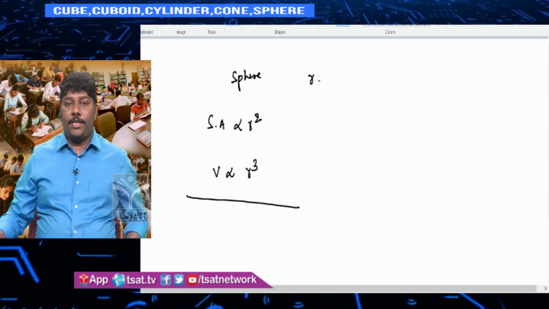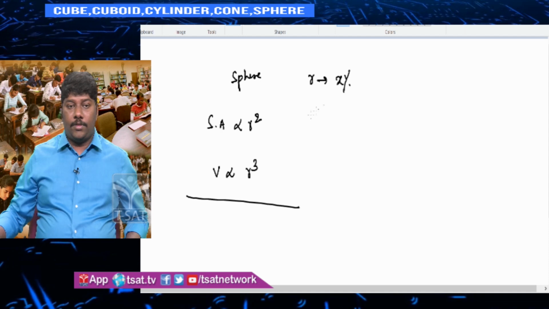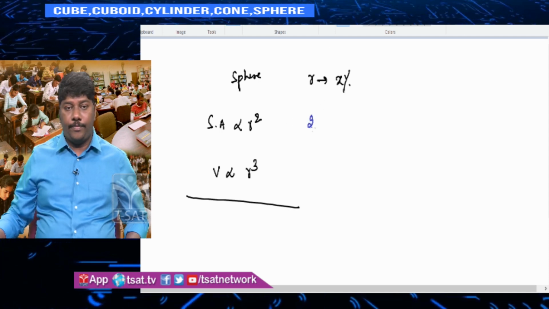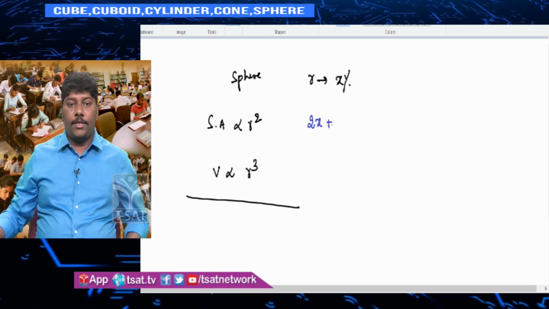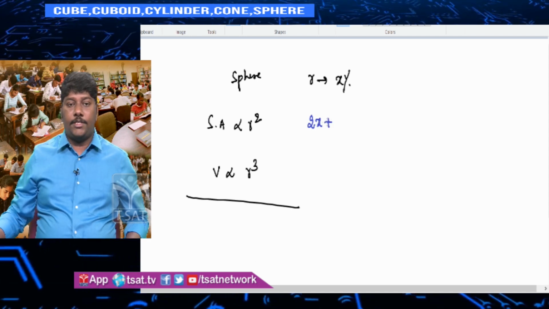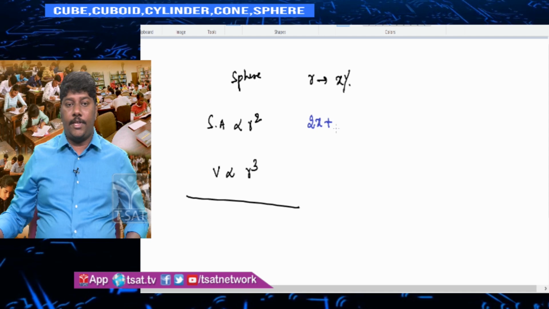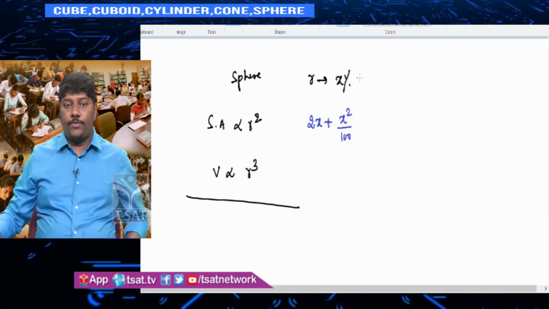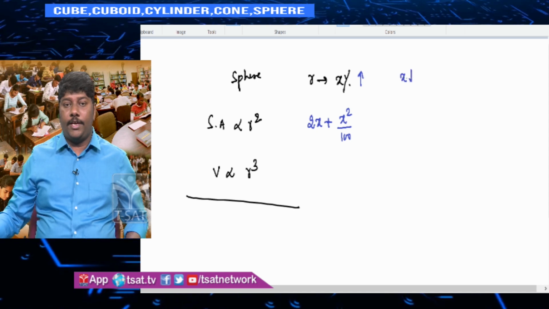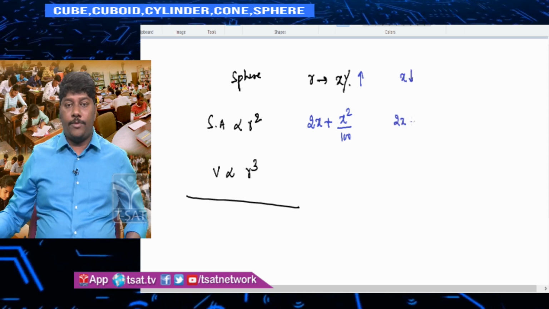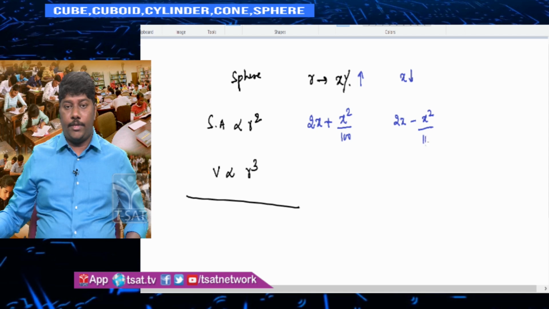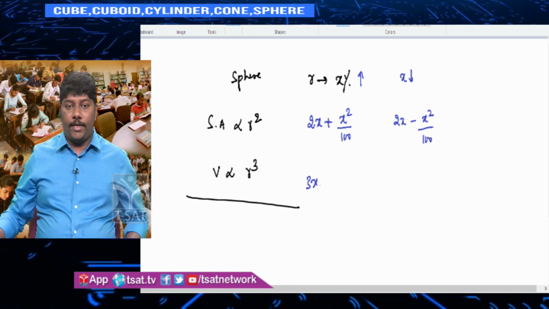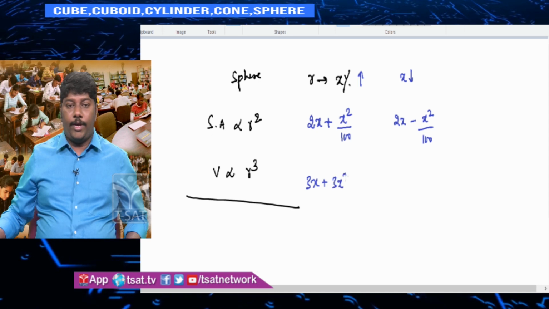If the radius is increased by x%, then the increase in the surface area, I am directly giving it as a formula. We know it in percentages: x followed by x percent increase means 2x plus x square by 100. When x percent decrease, 2x minus x square by 100. When it is volume, then you can say 3x plus 3x square by 100 plus x cube by 10,000.